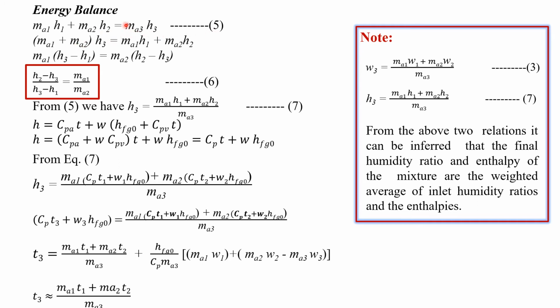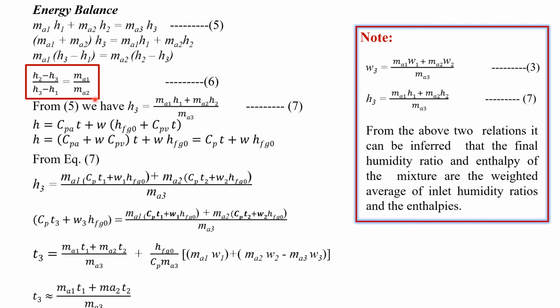So we can express this Ma3, that is, making the dry air mass balance, as Ma1 plus Ma2 into H3 is equal to Ma1 into H1 plus Ma2 into H2. So with the help of this, we can express the difference of these two enthalpies, H2 minus H3 and H3 minus H1, in terms of the ratio of the masses of the two air streams, Ma1 and Ma2, and this is my equation number 6.